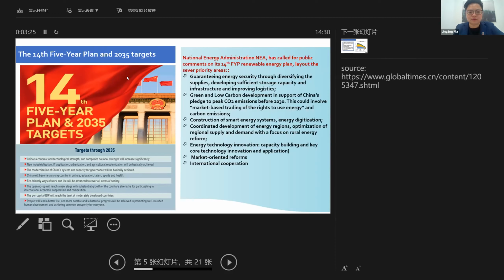And also the focus on coordination of the 7 energy regions, and encouraging market-oriented reforms.